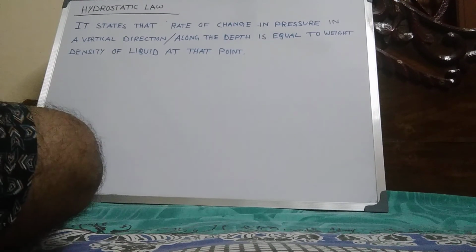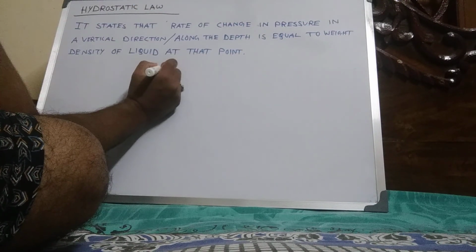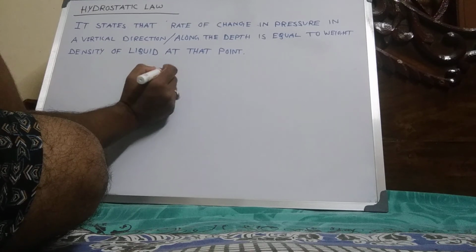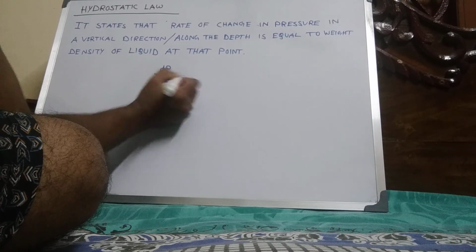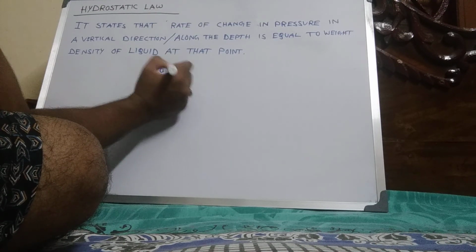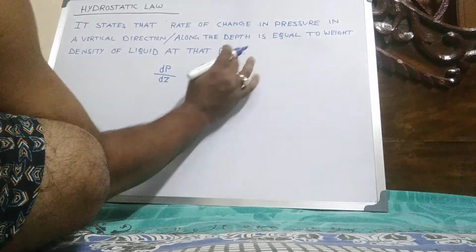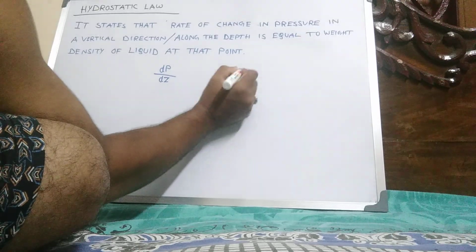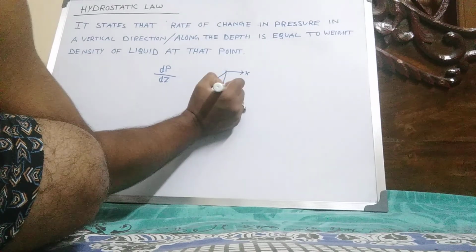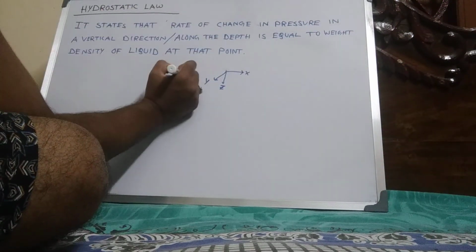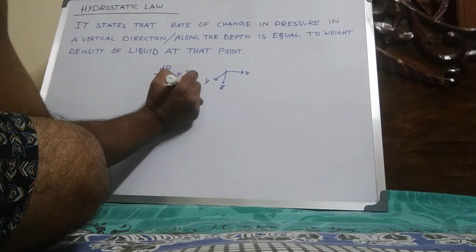Now, how to derive this formula: the rate of change in pressure. Suppose the vertical direction, consider it along x, y, z, with weight density rho g.